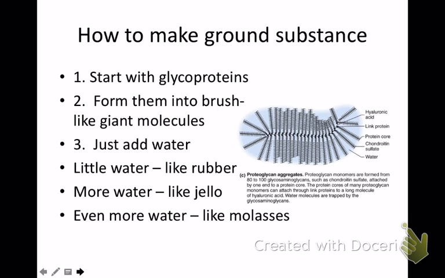Your dense connective tissues have more fibers, so not as much room, but they still have this stuff. If it's a fluid or gel-like consistency, or like cartilage, pretty solid but rubbery solid, then it's using this glycoprotein stuff. Part protein, part carbohydrate, it just absorbs water like crazy. Okay, so that's the way that works.